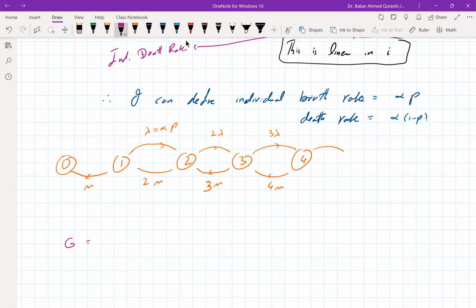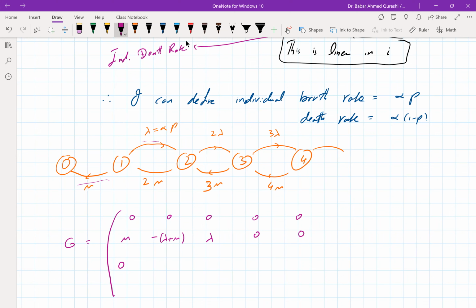And if you want to write it, it's 0, 0, 0, 0, 0, mu, lambda, 0, 0, and this guy by the rules is this. Because when you are at 1, there's a probability mu going here, and probability lambda going here.